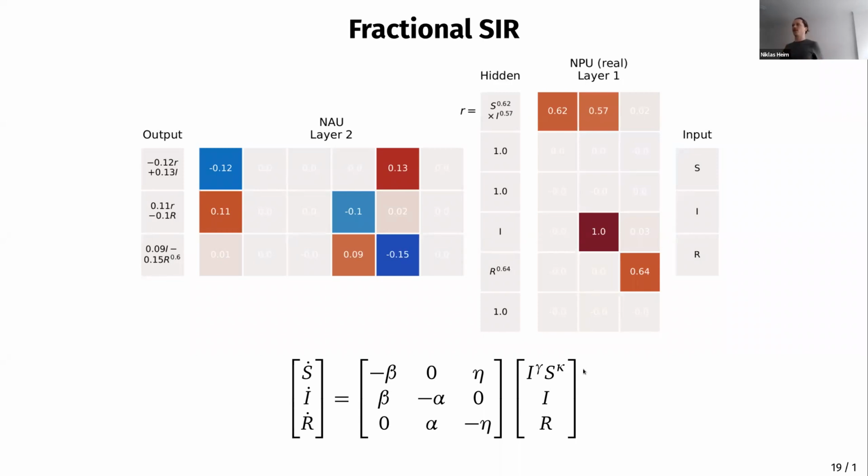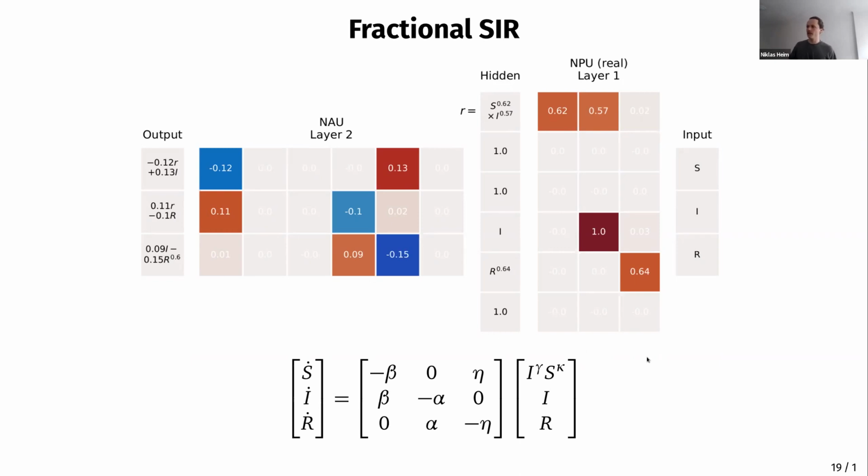For example, if we use a stack of neural arithmetic layers and sparsify and use L1 regularization during training, what we end up with is something like this. We built a neural network that consists of one neural power unit and one neural arithmetic unit.